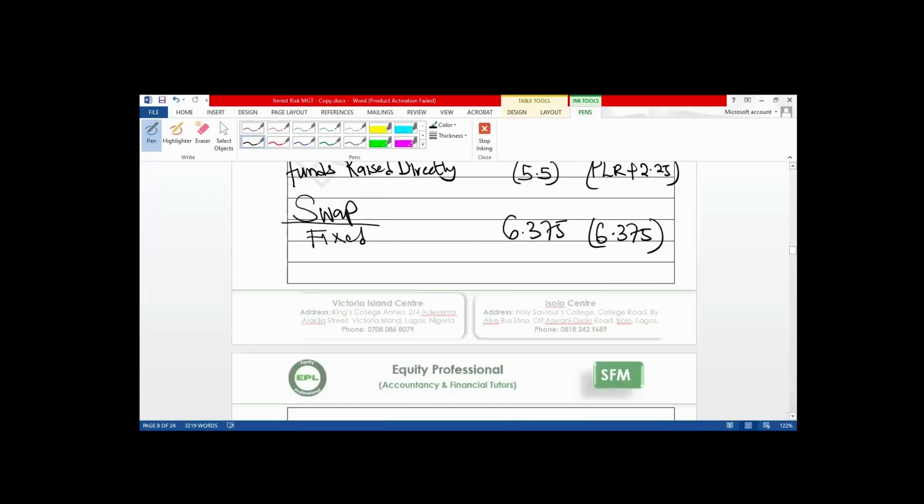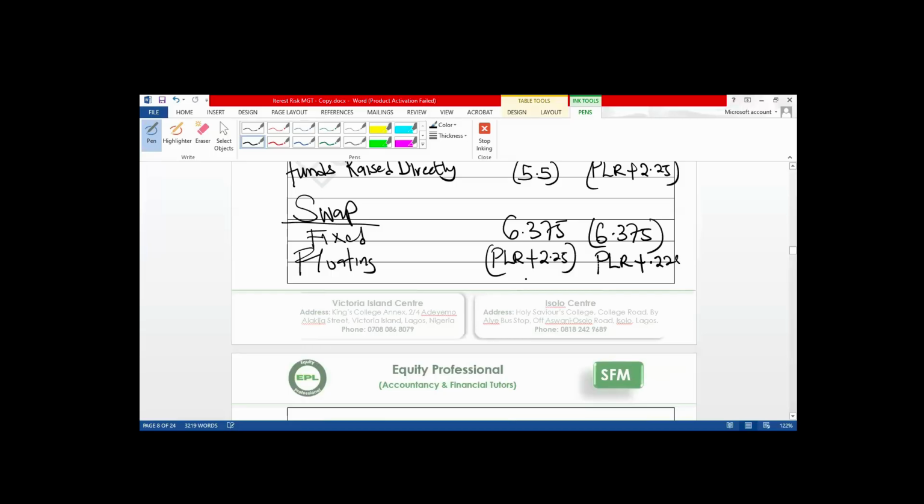Now look at TK. Minus 5.5 plus 6.375 minus 2.25 in brackets. If you work this out, you are going to get prime rate plus 1.375.